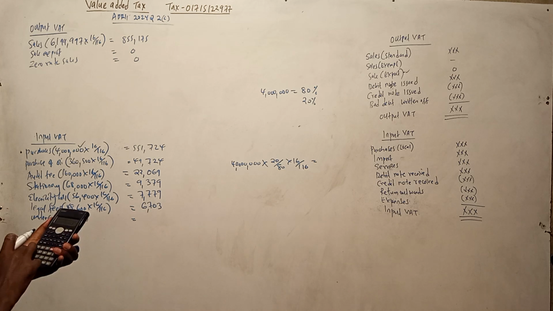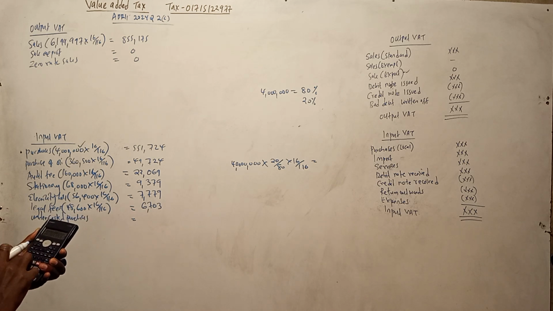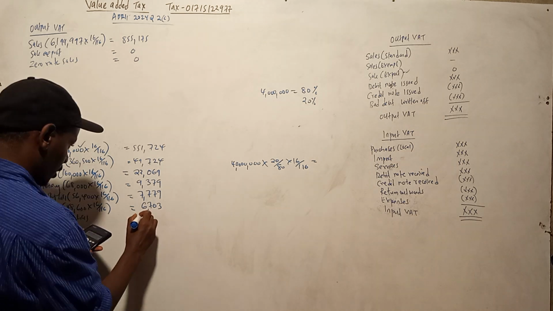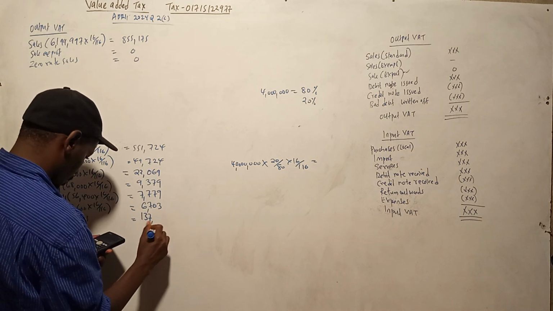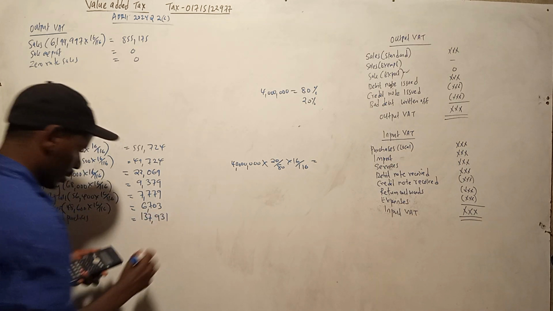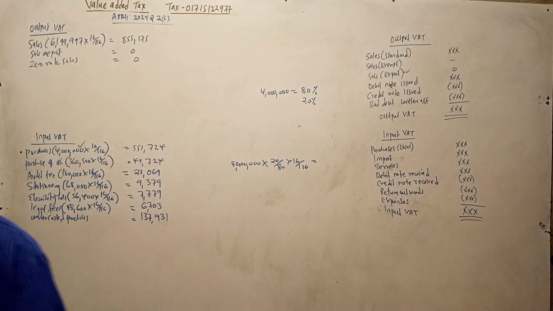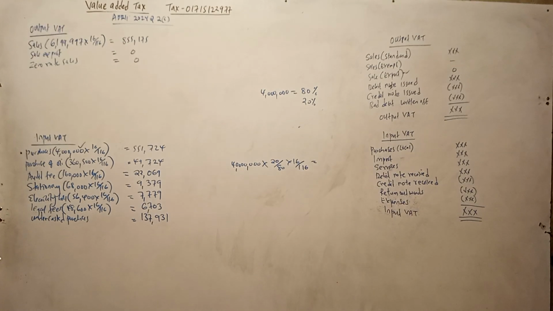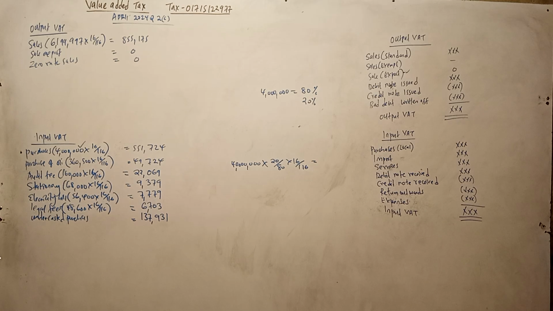So itakuwa ni ngapi? 4 million times 20 over 80 times 16 over 116. So this one is 137,931. I think tumemaliza.